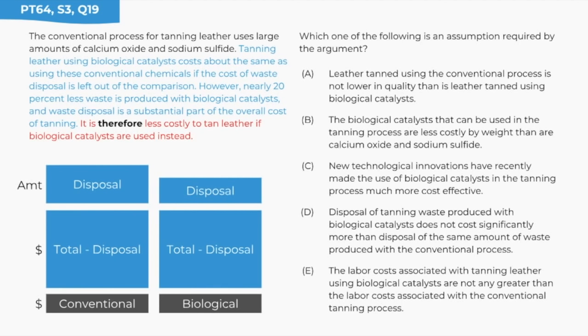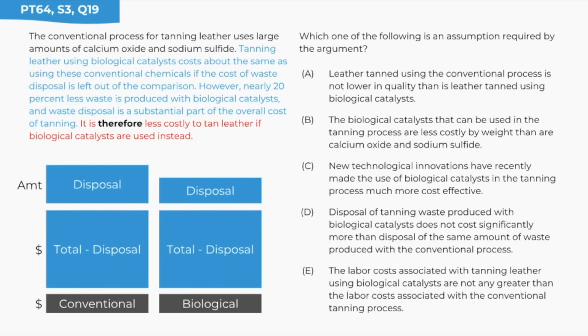For the biological, you want to be thinking about things like hazmat, and getting rid of some materials may be more expensive than getting rid of other materials. Right? And so if we can make sure that the cost of disposing the biological catalysts is less than the cost of disposing the conventional catalysts, then we would ensure that the argument works. So let's look at the choices here.